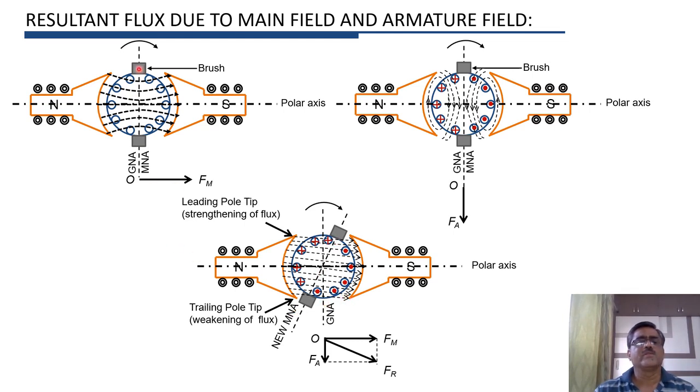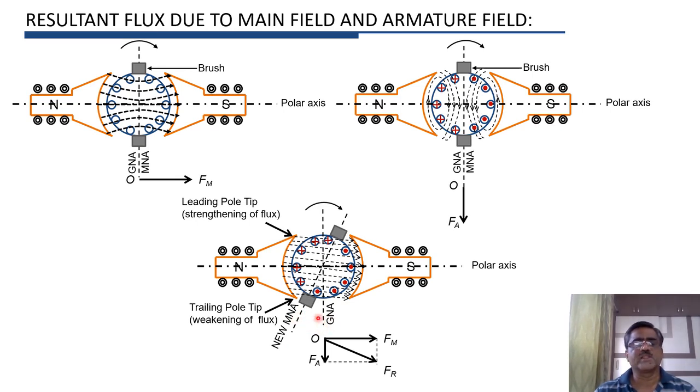Now if there is no current in the armature conductor, or if there is no current in the field winding, then the geometric neutral axis and the magnetic neutral axis both coincide with each other. But because of armature reaction, this magnetic neutral axis will get shifted by a certain angle. That angle is called theta.